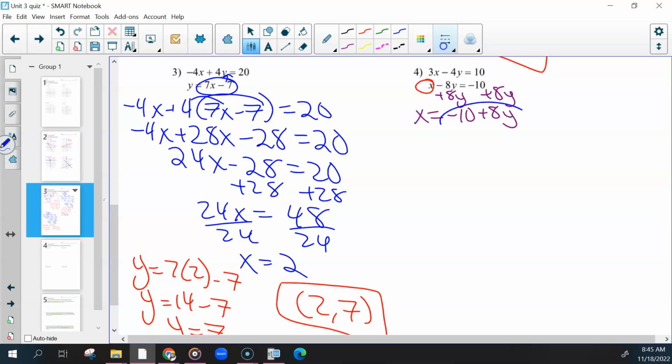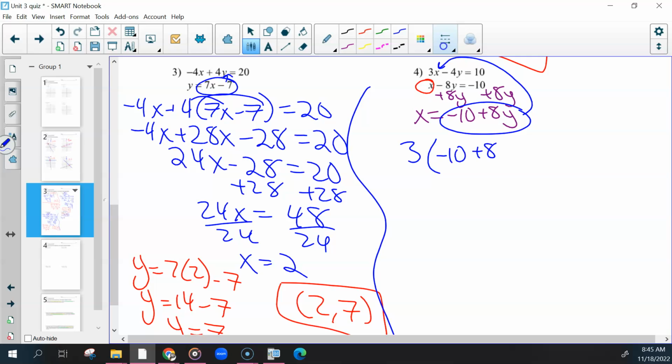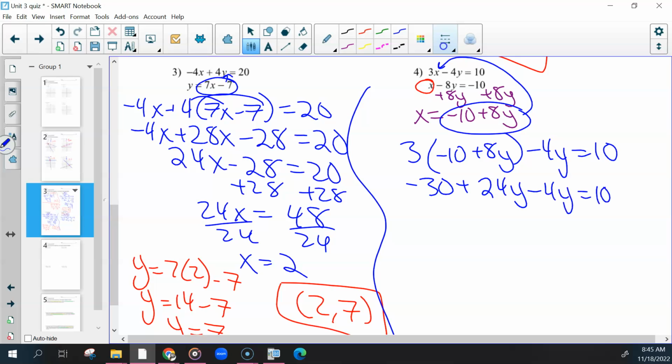Then take that equation and put it back into the first. And then solve for y. You have -30 plus 20y equals 10.